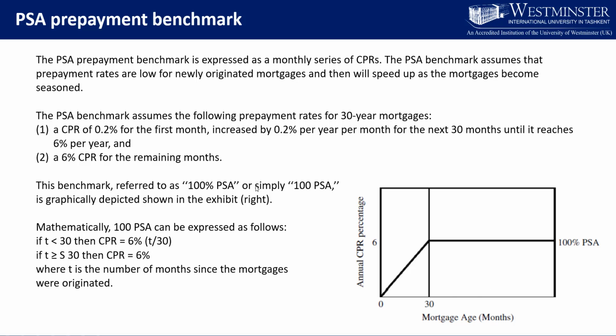What if the PSA 100 is scaled to a higher level? Then you just multiply this 6% by whatever that multiple is, and that would be the new limit. For example, if it is 200 PSA, then it would be 12%, 6 times 2.